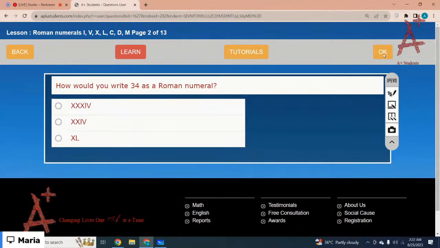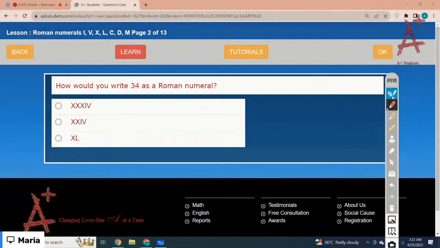How would you write 34 as Roman numeral? You have to write 34 as 10 plus 10 plus 10 plus 4, right? You can represent 10 as X, X and X. 4 is 1 less than 5.